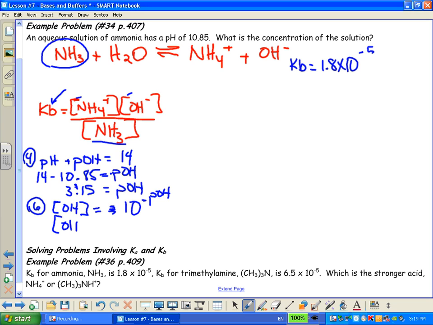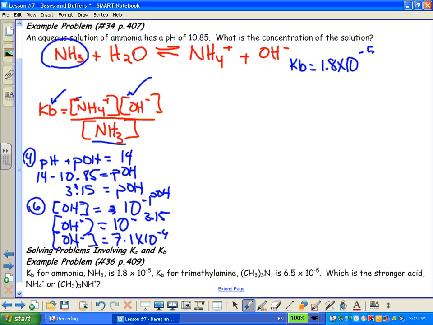So if we substitute our values in, 10 to the negative 3.15, you end up with a concentration of 7.1 times 10 to the negative 4. Okay, so now we have our OH- concentration.